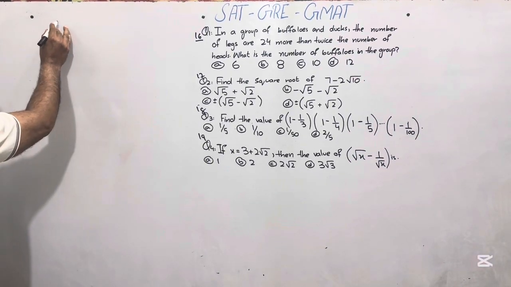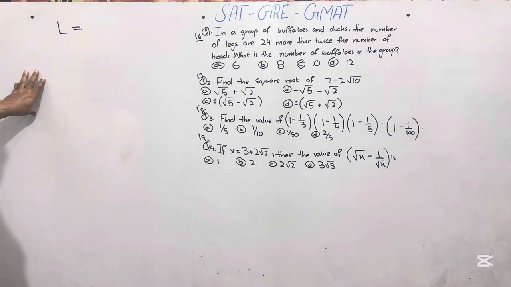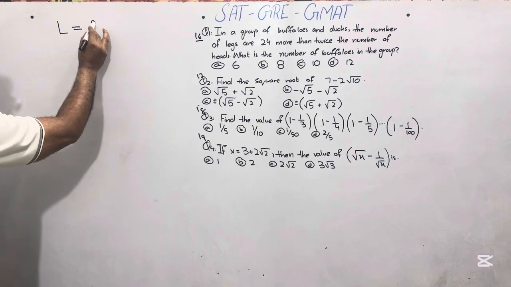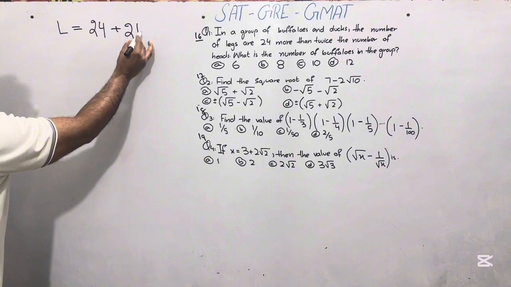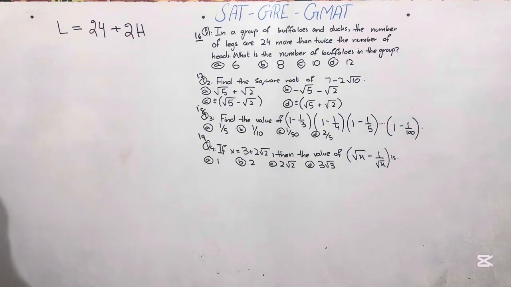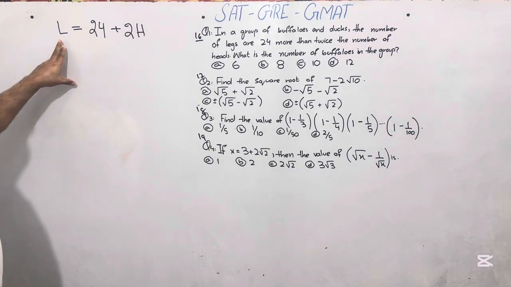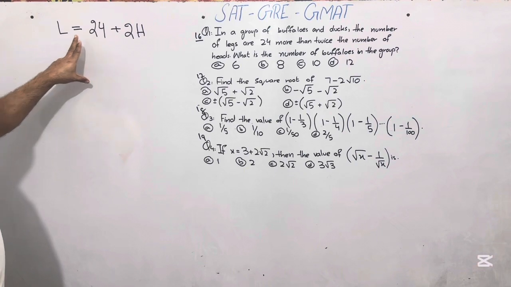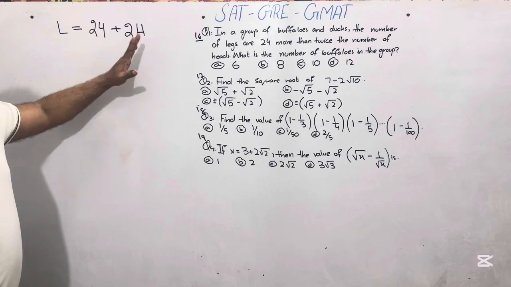Let L denote legs and H denote heads. Legs are 24 more than twice the heads. Translating this sentence mathematically, the number of legs is equal to double the heads plus 24.